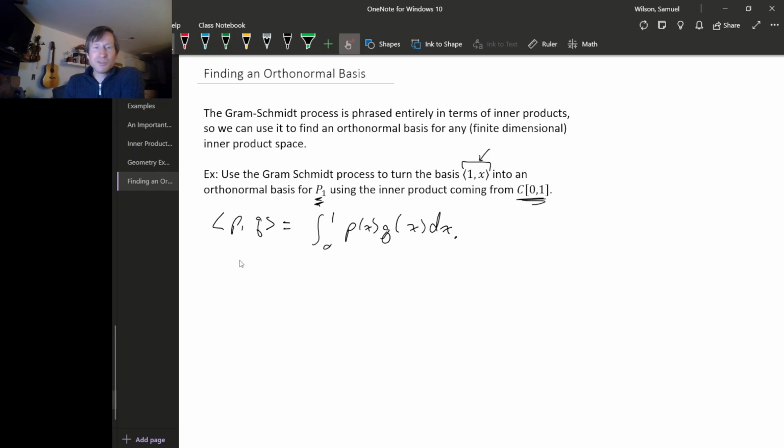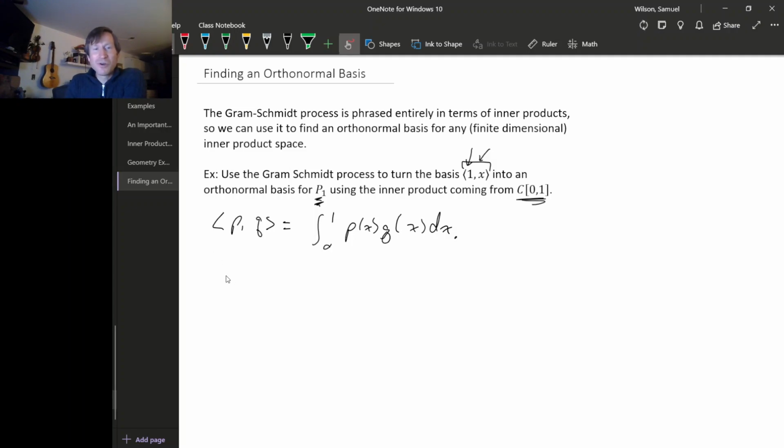To do Gram-Schmidt, remember the first element in the basis you leave alone. There's more than one way to do Gram-Schmidt. The general idea is always the same: you take your vector and subtract off projections onto earlier basis vectors, but the details of when you normalize things depend on who you're talking to.